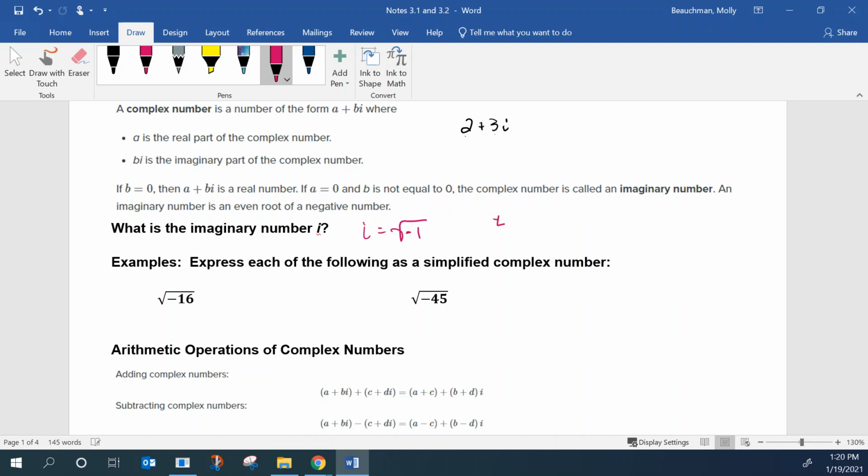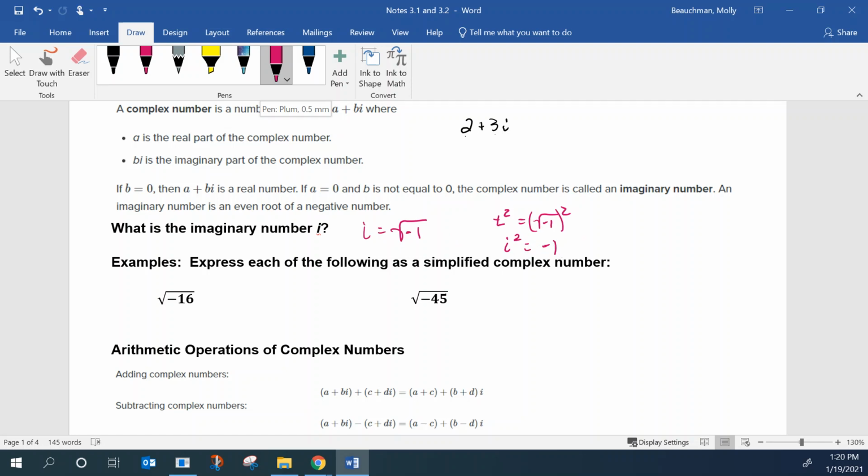If we square both sides, i squared is equal to the square root of -1 squared, which gives i squared equal to -1. So these are two common substitutions: i equaling the square root of -1, and i squared equal to -1.